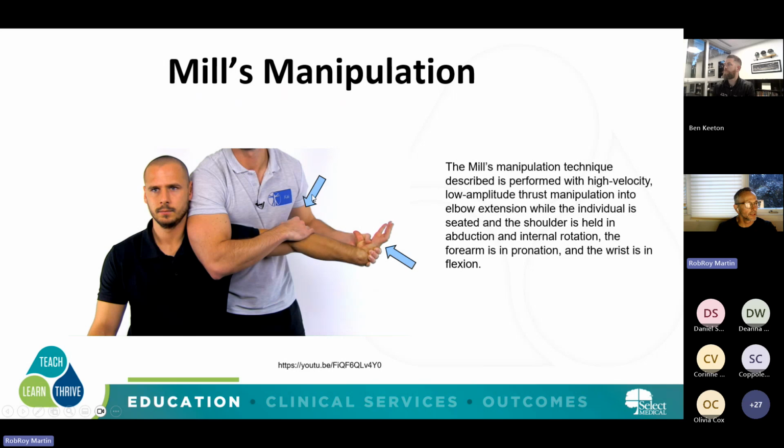The movement is trying to get that elbow fully extended as you tighten all the tissue up around it. Again, this is definitely in our mobility category, not our symptom modulation categories. This can be aggravating for patients who aren't ready for this manipulation.